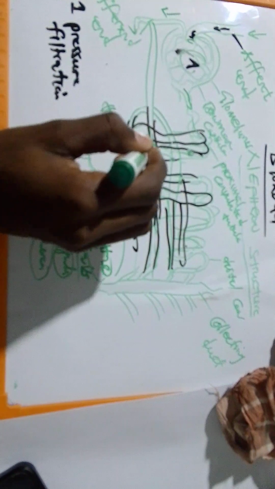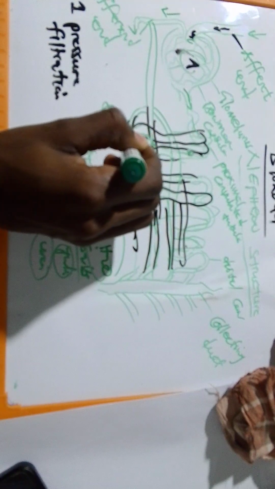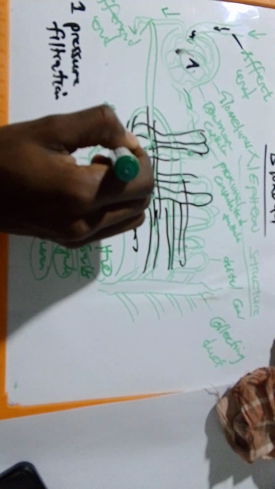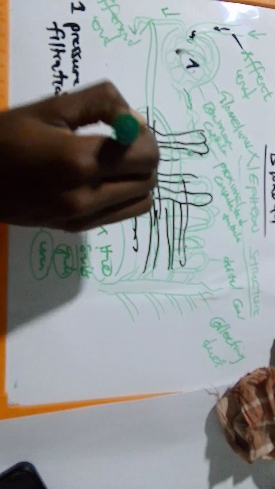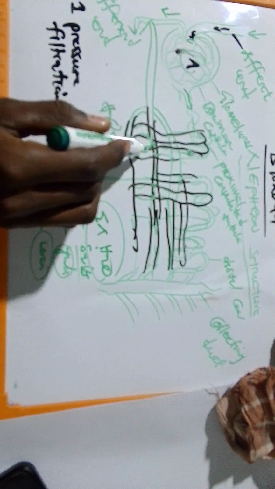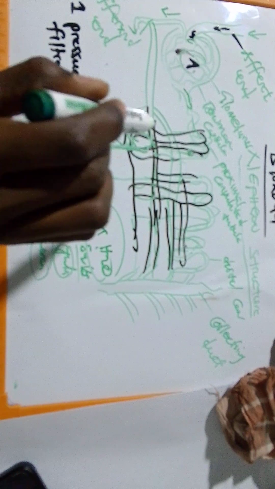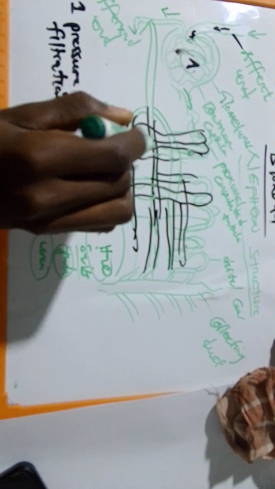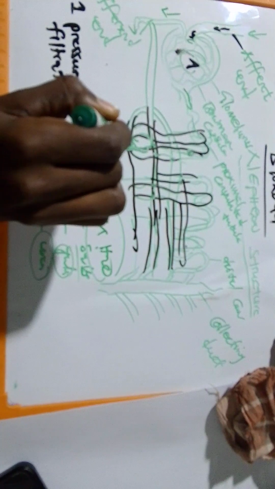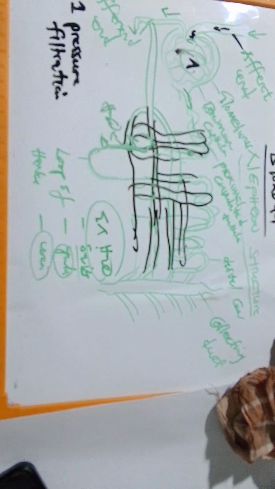Hence, this tube which is coming down here is permeable only to water, meaning that other substances cannot be moved out at this point.